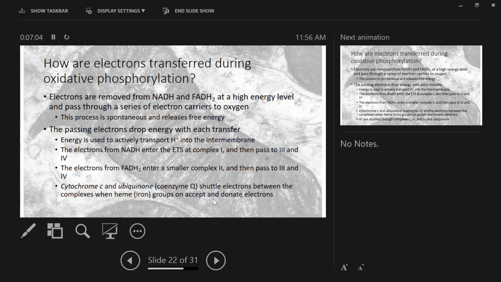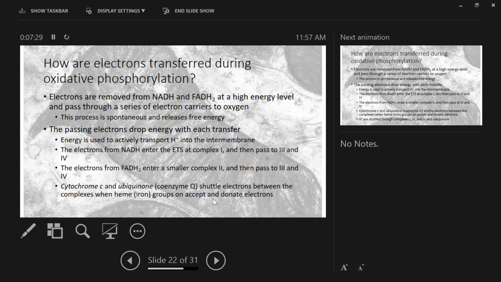So electrons aren't just going from the electron carrier to complex 1, to complex 2, to complex 3, to complex 4, and then to oxygen. They're actually being shuttled in between complexes by moving down energy levels as well. And so you have molecules, cytochrome C and ubiquinone, also known as coenzyme Q, that actually are in between.